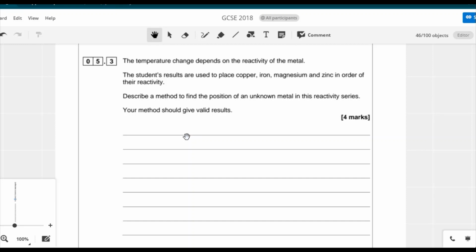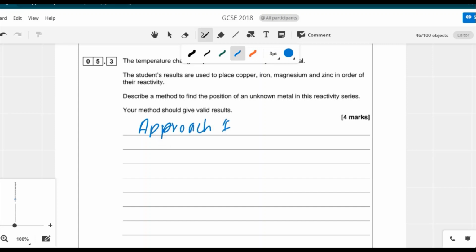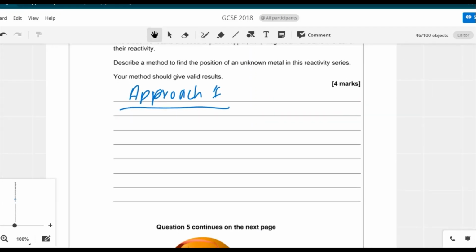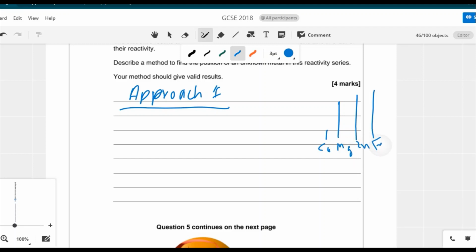So here we can use a control variable to give a valid result. So here we can use different approaches to find out. So first of all, I am going to write approach 1. For approach 1, add the unknown metal to copper sulfate solution, because here we have 4 metals like copper, magnesium, zinc and iron.